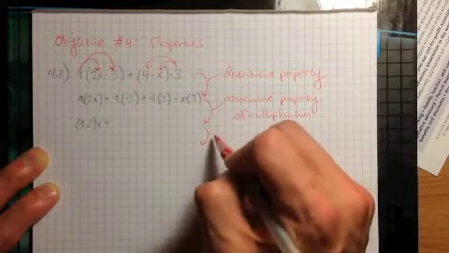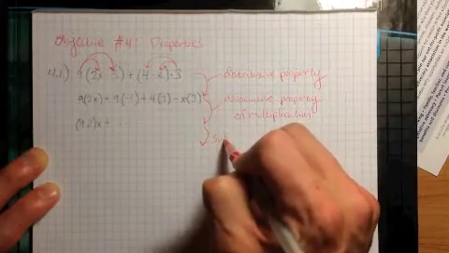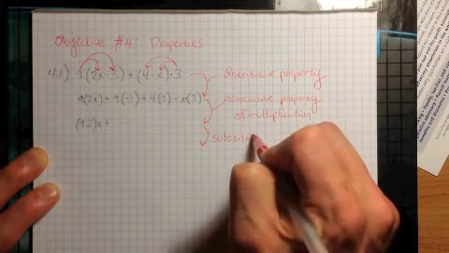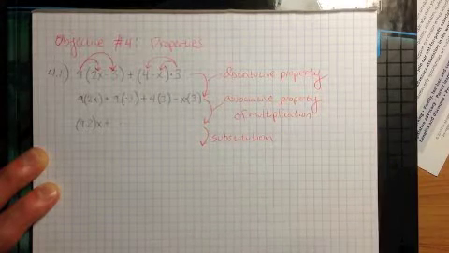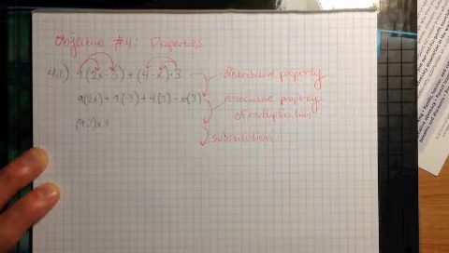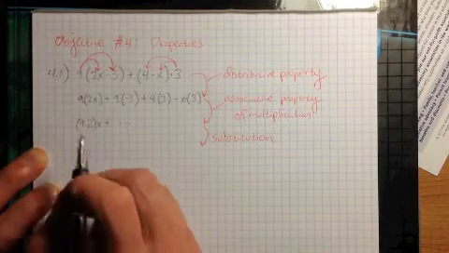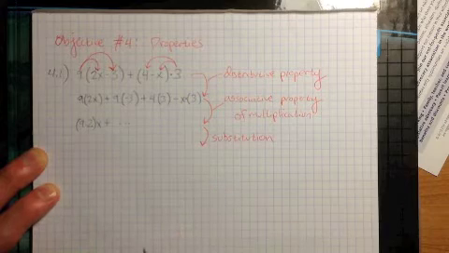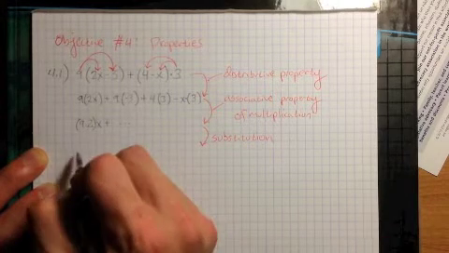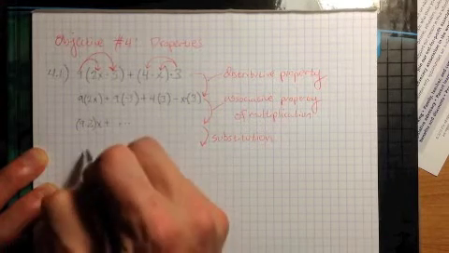So the next property that we can use is substitution. That just means that you can replace something like 9 times 2 with something that 9 times 2 is equal to. So 9 times 2 is equal to 18.